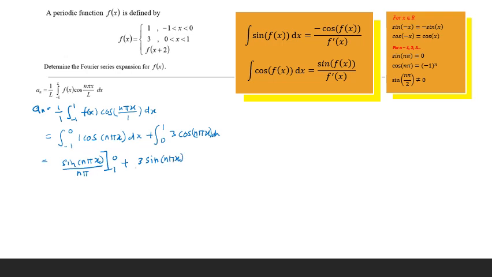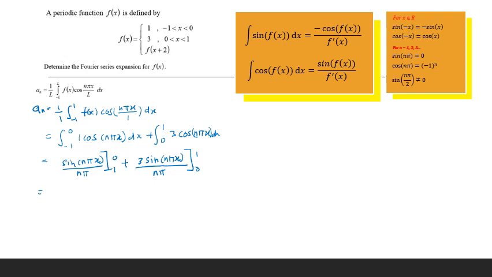Make sure to put over n pi for the whole function. We just take the constant inside the sine term, from 0 until 1. Let's substitute. We cannot simplify n pi here and n pi inside the sine, so it just remains like that.